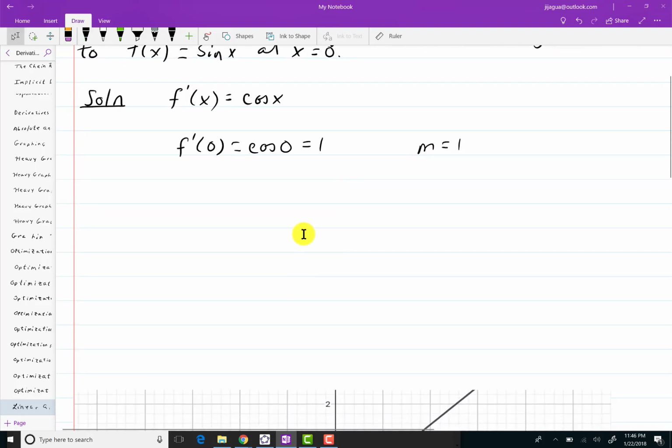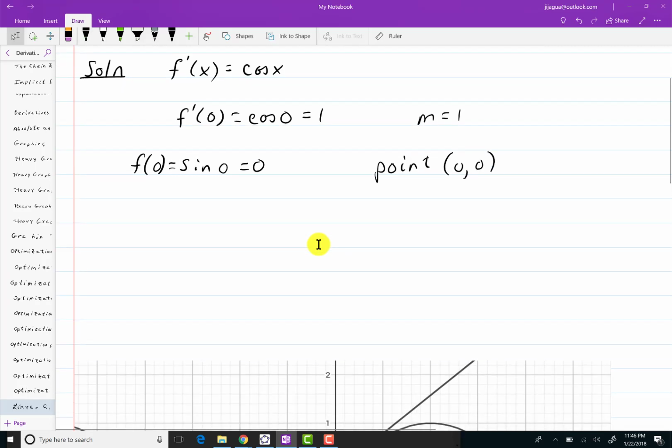Next, we need a point. Well, since f of 0 equals sine of 0, which equals 0, we can use (0, 0) as a point. And then you'll remember from the point-slope form, we can get the equation of the tangent line by doing this.